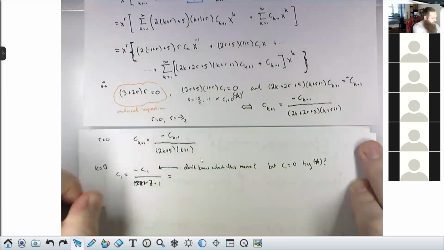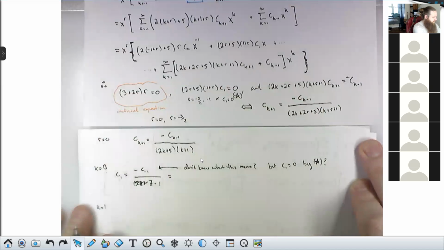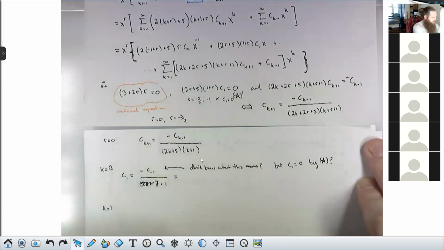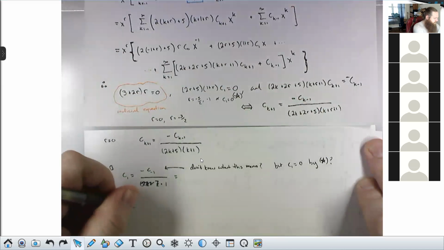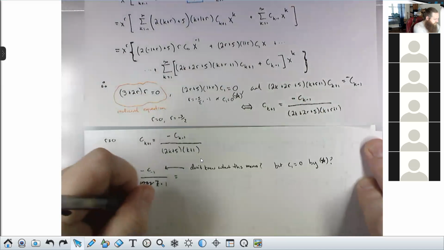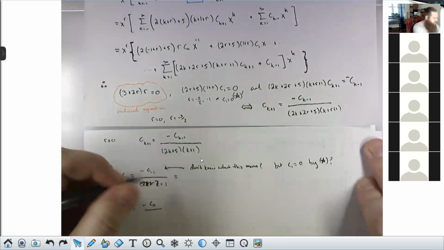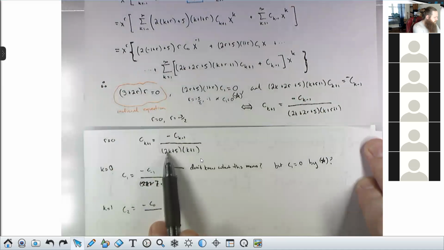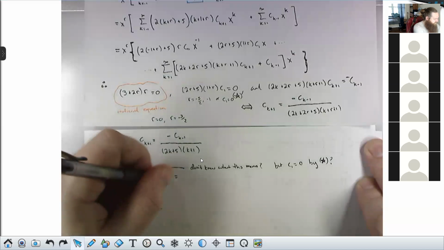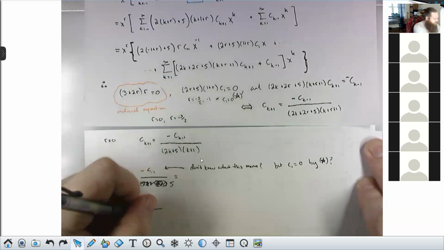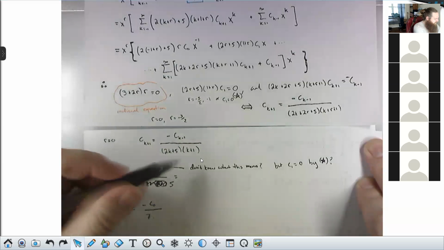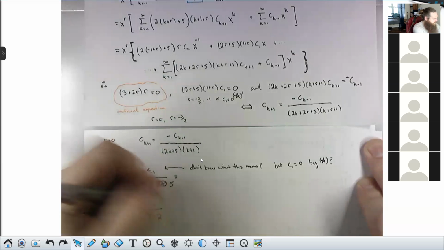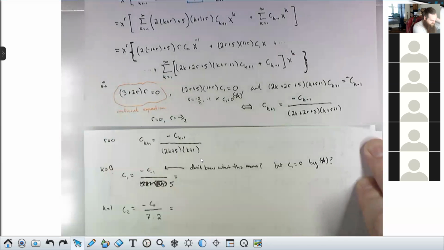When we take k to be 1, we will get c_2 equals negative c_0 over 2 plus 5, which is, I took k to be 0 here, didn't I, too? Yeah, sorry. So this would just be a 5 minus 7. Okay. And now here we'll have a 7 times 1 plus 1 is 2. And c_0 we know is going to be one of our free constants.